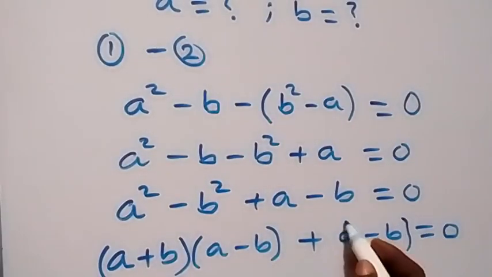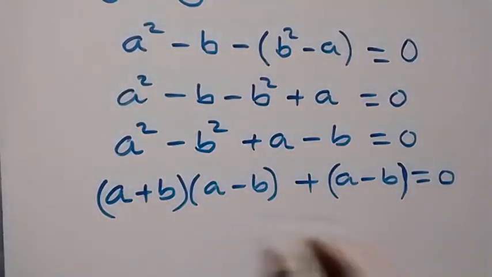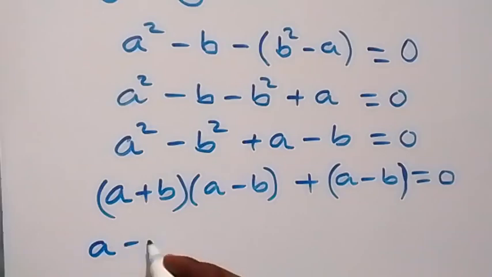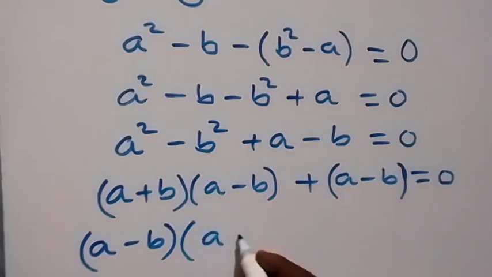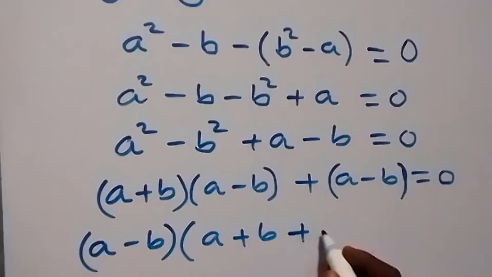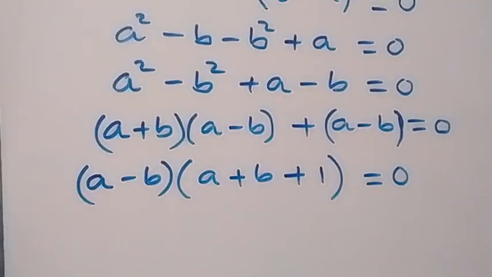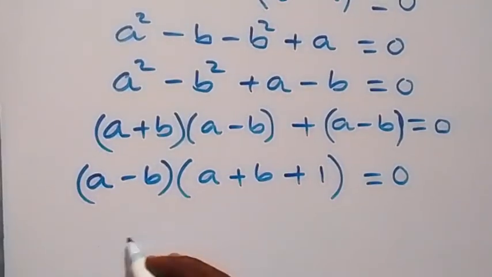Also here we can put this in brackets. That is, from here we have A minus B common, then we factorize and we have A minus B, into bracket A plus B, then here we have 1 left, so plus 1, close bracket, equals 0. Then we have two possible cases.